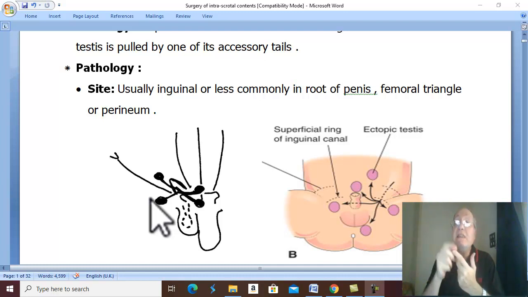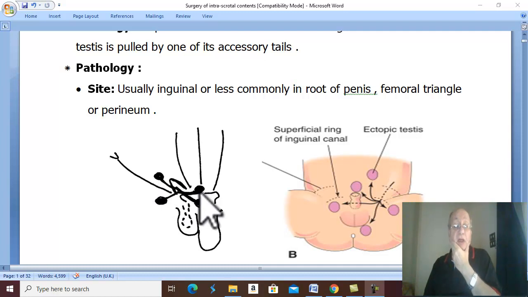And spermatogenesis needs a temperature lower than that of the body. It needs a temperature of 33.5 centigrade. The two functions are not affected in ectopic testis.